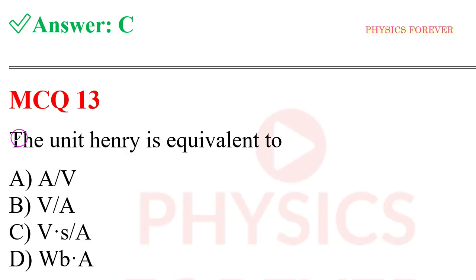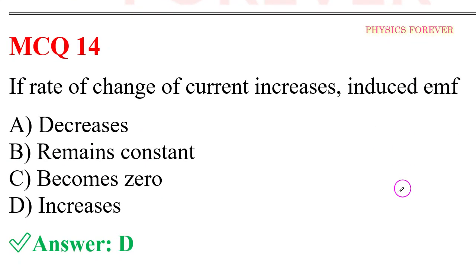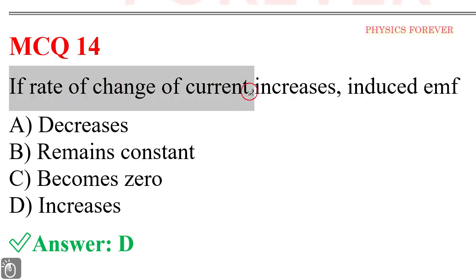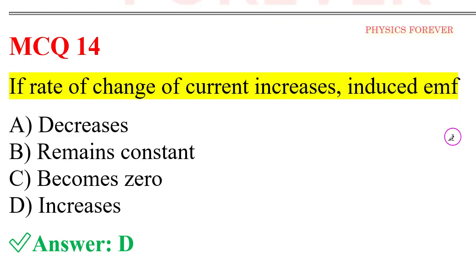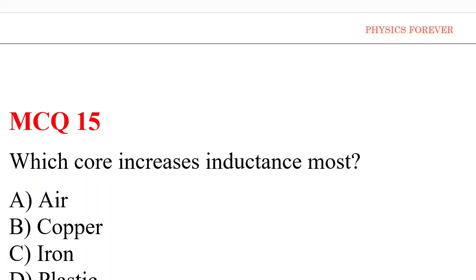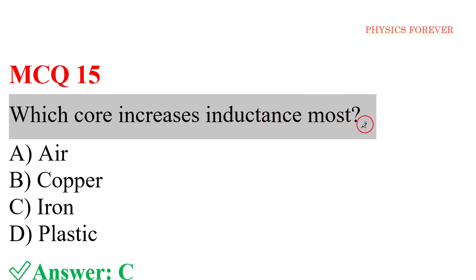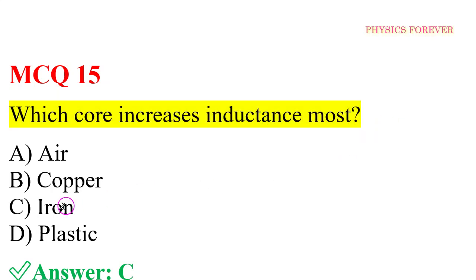Then the unit Henry is equal to... option C is correct. We also derived how this comes in the last class, and the MCQs are based on that. Next, if the rate of change of current increases, then the induced EMF increases. Option D is correct. Question number 15: which core increases inductance the most? Iron.